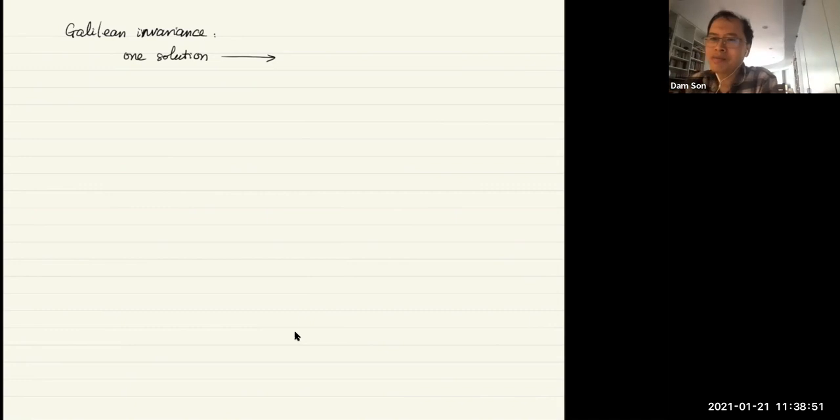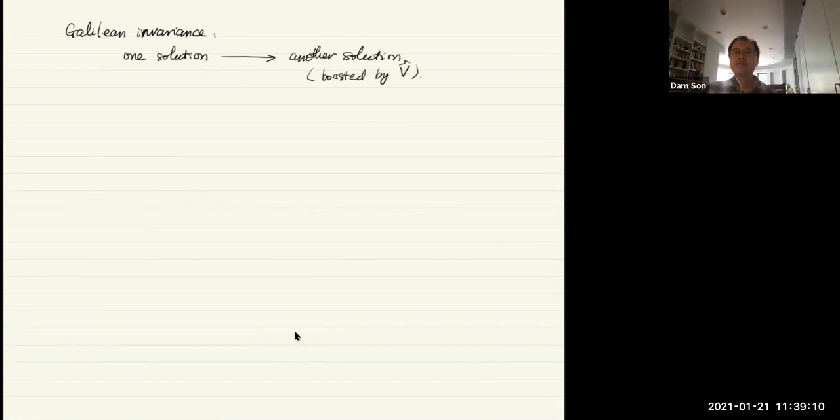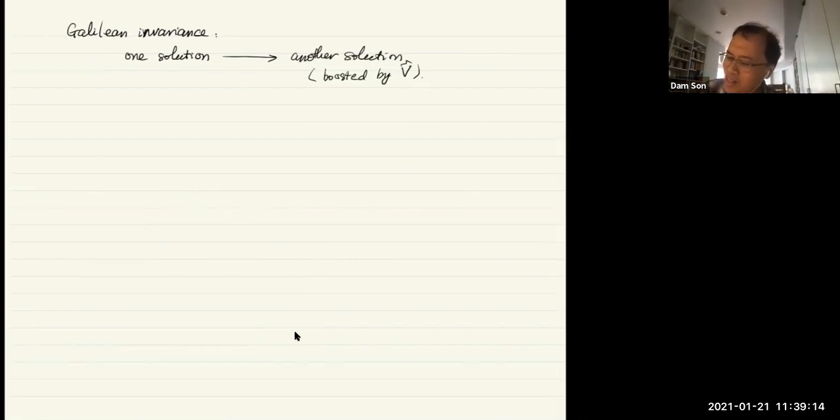So mathematically, it means that from one solution, we have an infinite number of other solutions, which can be thought of as the first solution boosted by a velocity V. So let's see how that boost acts, what it means that we can get from one solution to another.